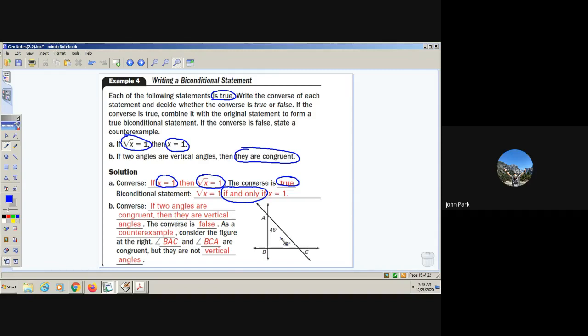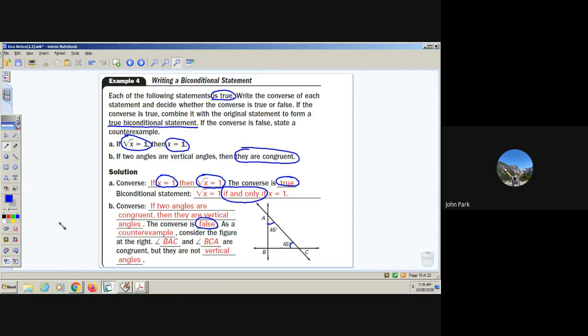We have a picture here. We have two angles, 45 degrees and 45 degrees. They're congruent, but are they vertical angles? No, they are separated. So the converse is false, which means the biconditional statement would also be false. So we didn't write the biconditional statement, because we only write it if it is true.